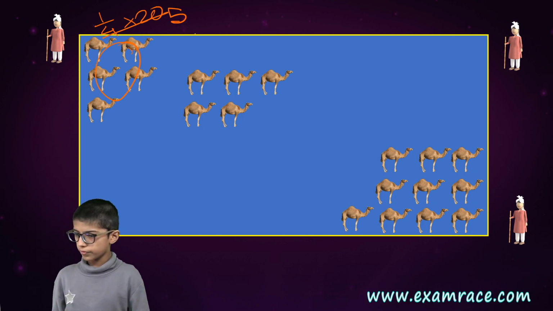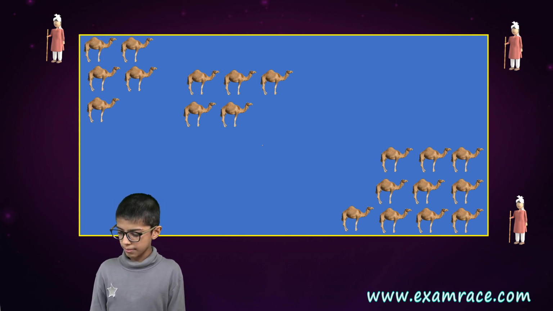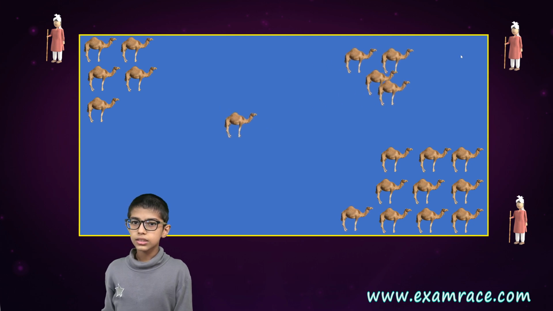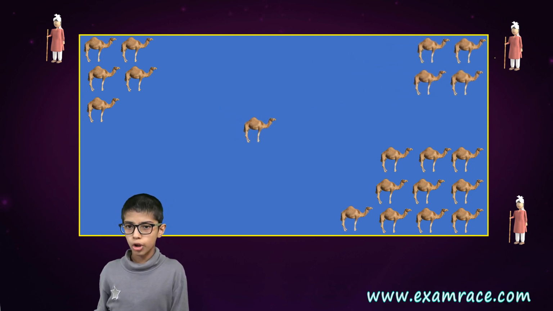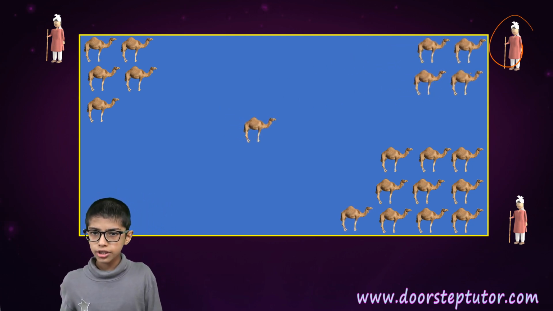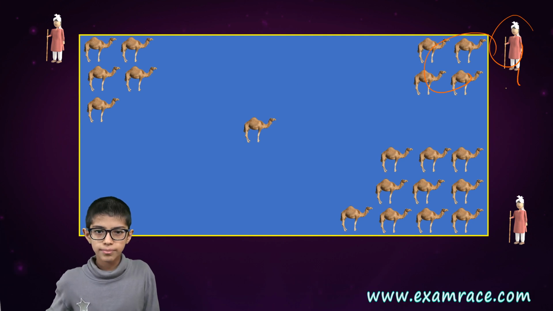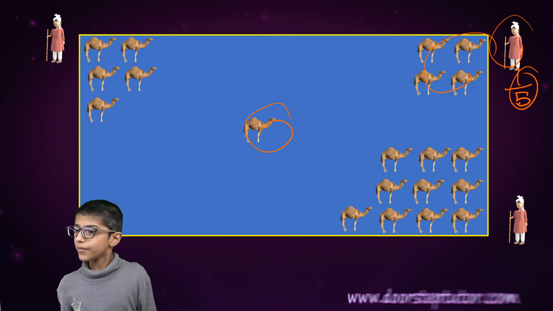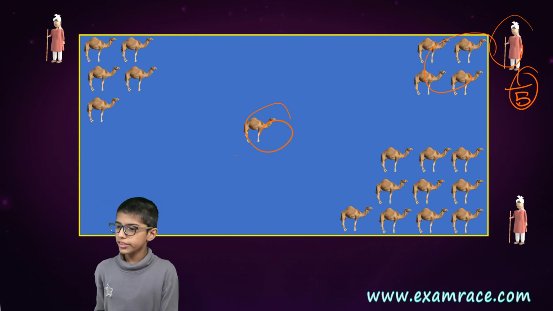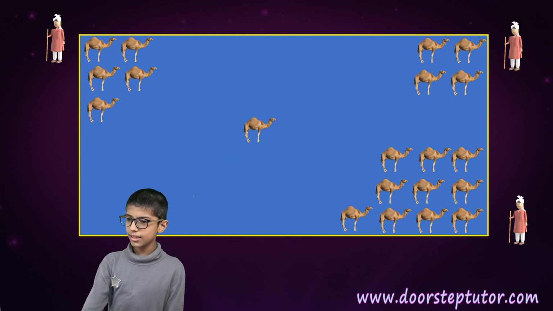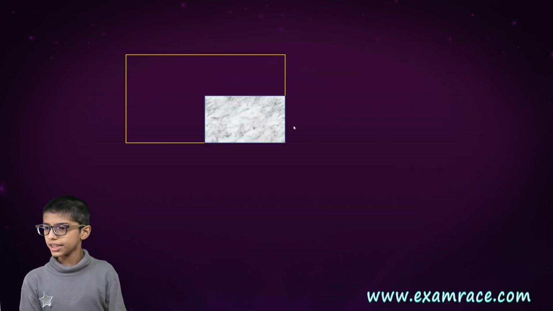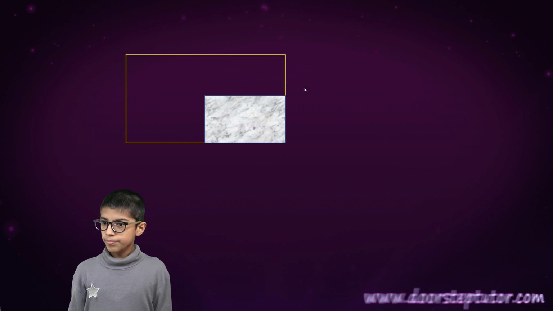Then the smallest daughter got 4 camels. Why 4? Because she had to get 1 by 5th of the camels. And one camel was left. So they left the camel in the jungle. Therefore, they had equally distributed the camels.